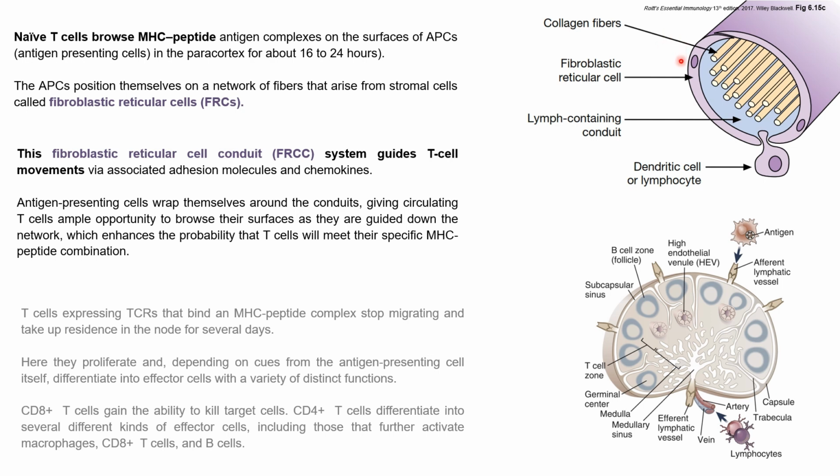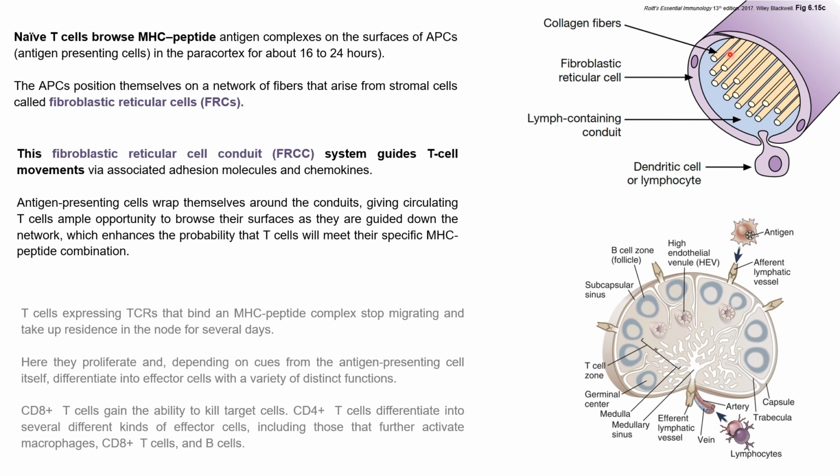So these stromal cells of the type called a fibroblastic reticular cell actually form channels, and these channels enclose long collagen fibers. You may remember from biochemistry that collagen is a trimeric fibrous protein which is very, very long, and it's very important in the extracellular matrix, and it provides scaffolding.